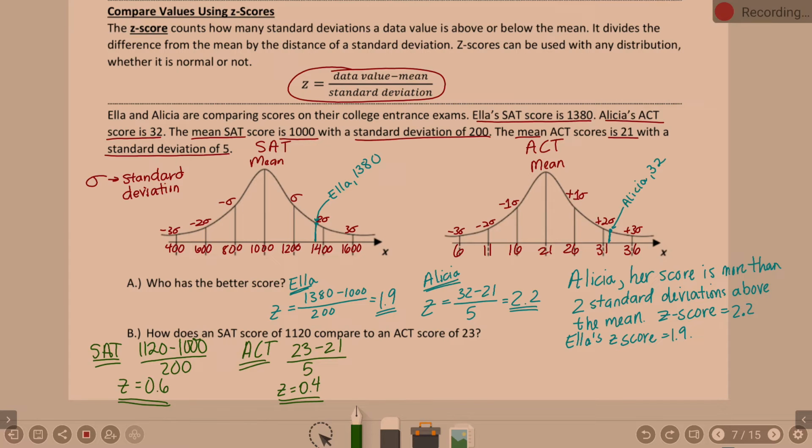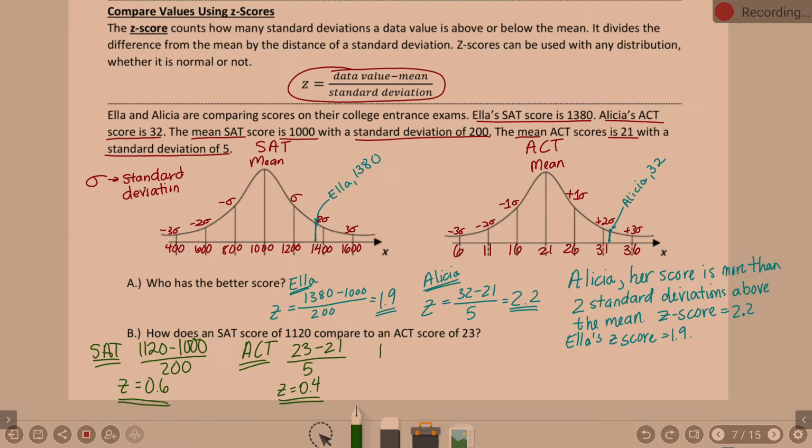How does an SAT score of 1120 compare with an ACT score of 23? Which one's the better score? The SAT score is the better score because it is 0.6 of a standard deviation above the mean, whereas the ACT score is only 0.4.